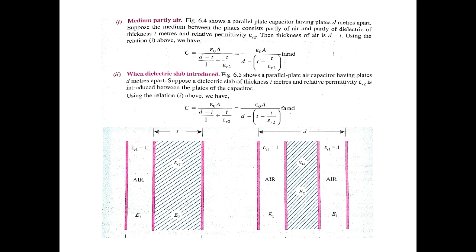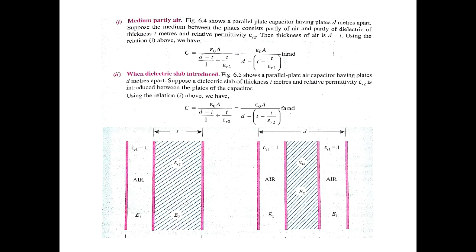That is the capacitance value when the insulating material used is two different mediums, one is air and another is a dielectric material, between the conducting plates. So according to the thickness values and the relative permittivity values, the capacitance will change. Now, another case: if two charged plates are there and the medium between them is air, the insulating material is air.